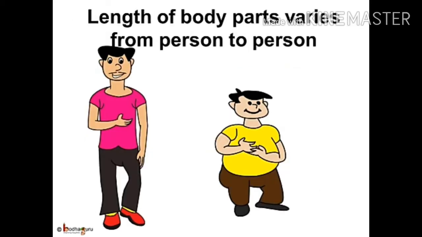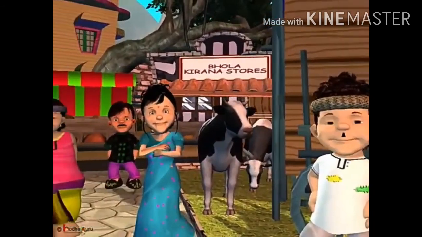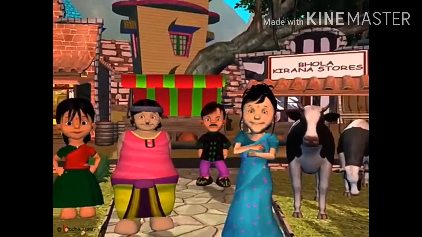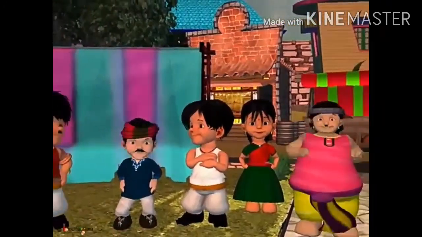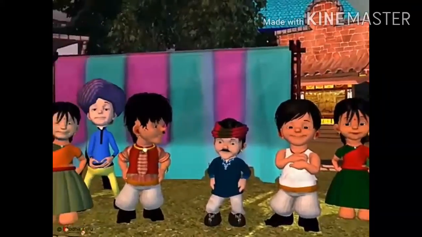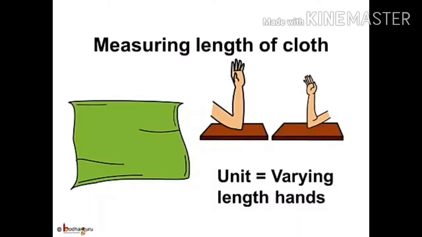After seeing the problem faced by the villager while getting a new pair of pants stitched, you must have understood very well why it is so. It is because the length of body parts varies from person to person, and so these units are not reliable, as for the same thing different measurements are obtained when measured by different people. Therefore, people realized the need for some uniformity.